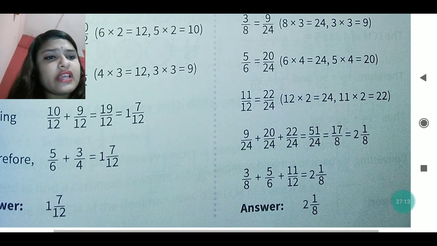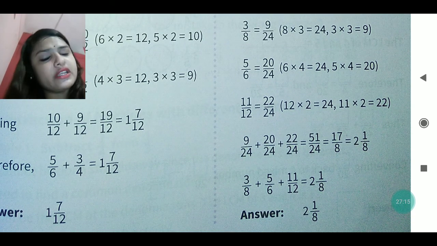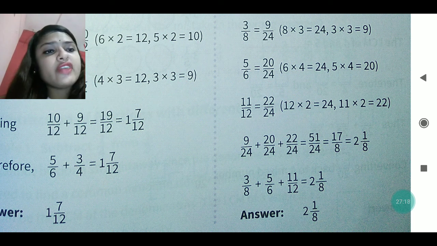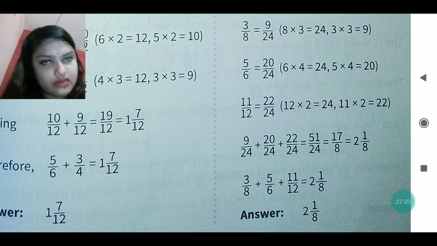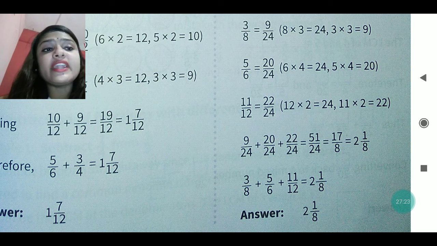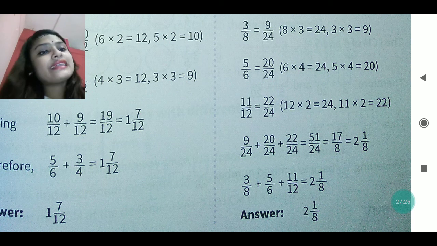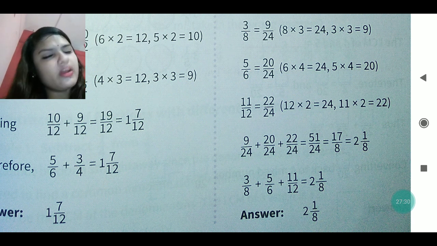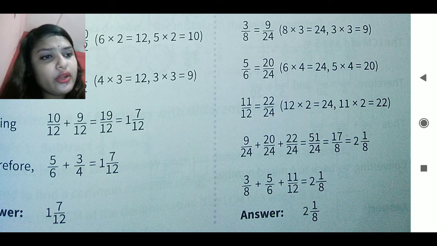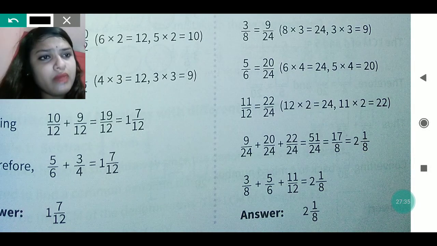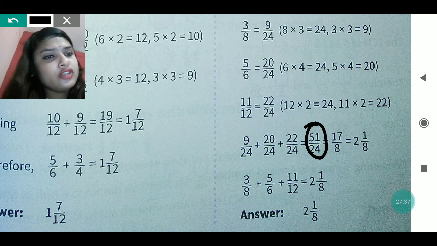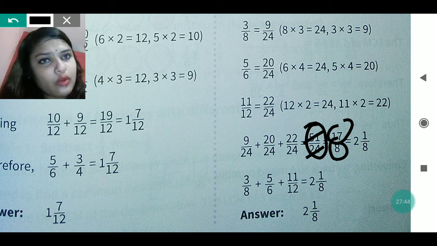So here you can see, my dear, it is done two times. 51 by 24 is written. First it has been done in its lowest form, then we have got 17 by 8. Then that 17 by 8 has been changed into a mixed fraction and we have got 2 1 by 8. That also was okay, no problem. Here I was only converting. If it is possible to lower it, then 17 upon 8 is the lowest of 51 by 24.